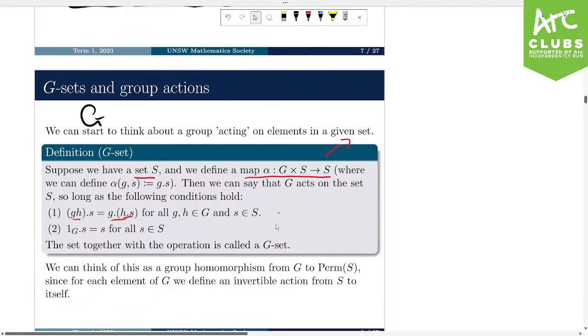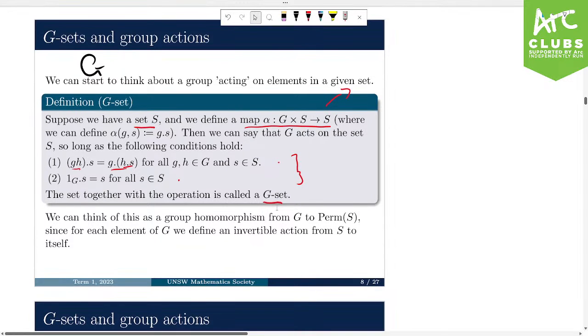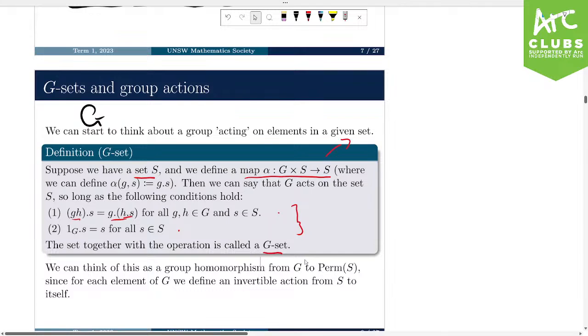And this second one is that the identity of the group fixes everything in S. So once you have a set and a map where these 2 things hold, then you have a G set. You can think of it as a group homomorphism from G to the permutations on S. So it describes how the elements of G kind of shuffle the elements of S around.